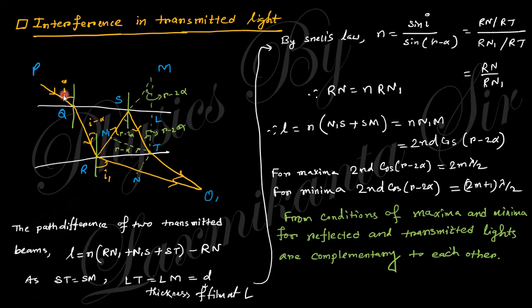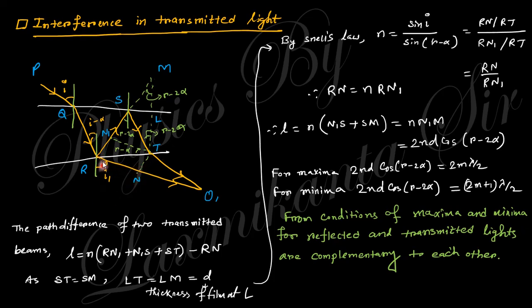In case of transmitted light, the light transmitted from here has a path difference, and you can see this path difference makes its interference pattern. The path difference of the two transmitted beams is like that. Up to that point the path is the same, then it is different: N1 plus N1S plus ST minus RN.